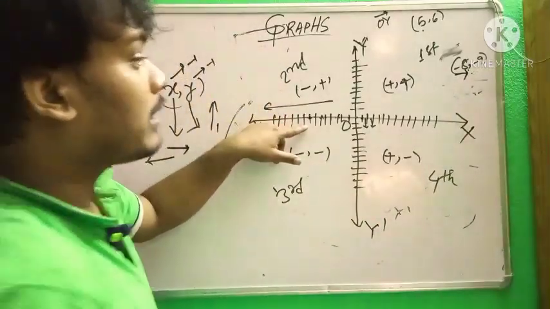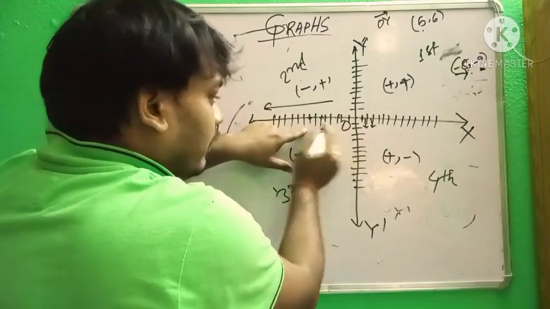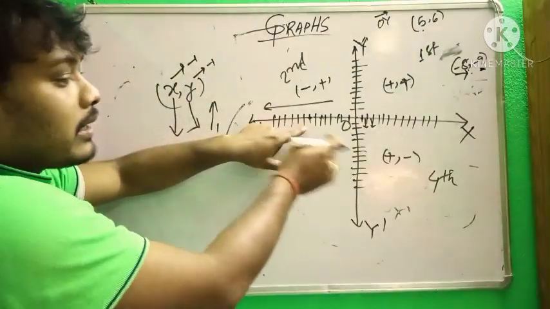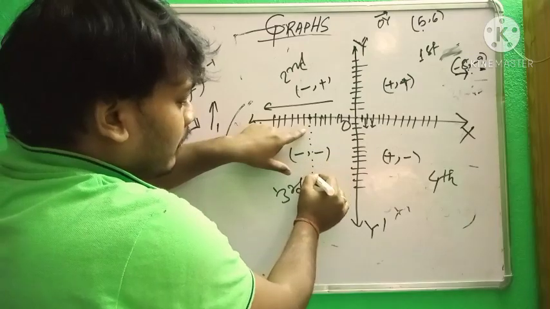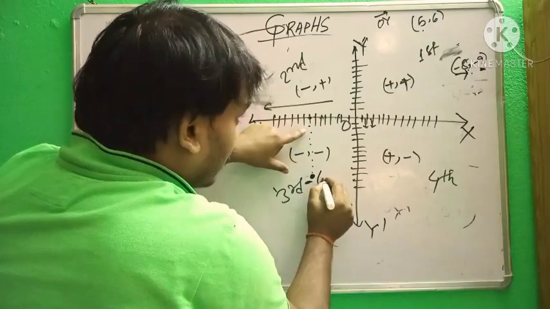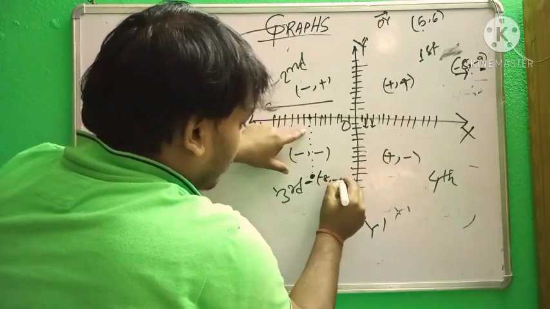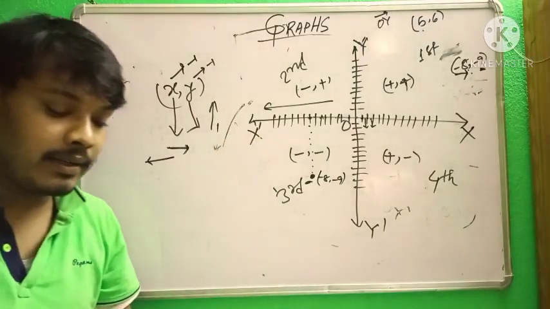So minus 8, then minus 9. Minus 9 means downward. So here also lines are given in the graph paper. 1 2 3 4 5 6 7 8 9. So this is the position of the point whose coordinate is minus 8 comma minus 9. In this way we can put the point on graph paper easily. Okay.